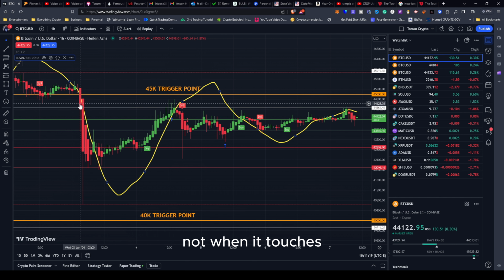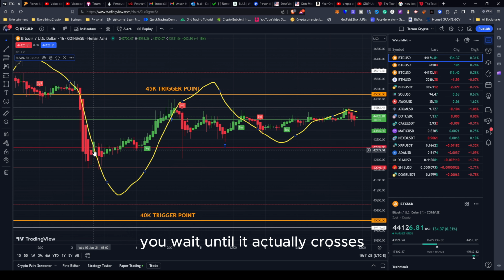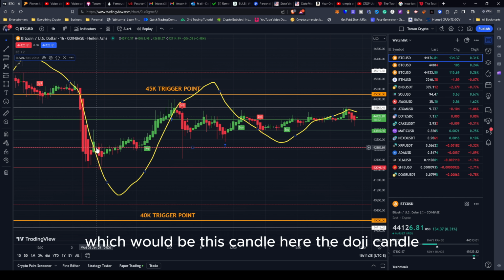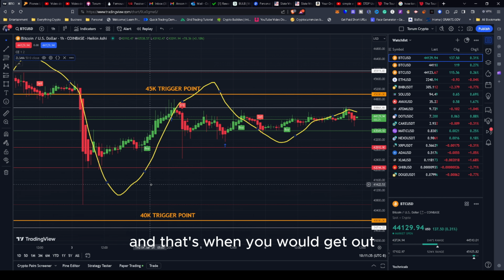Not when it touches, because it touches here. Some people start to panic and would get out. You wait until it actually crosses, which would be this candle here, the doji candle. And that's when you would get out.